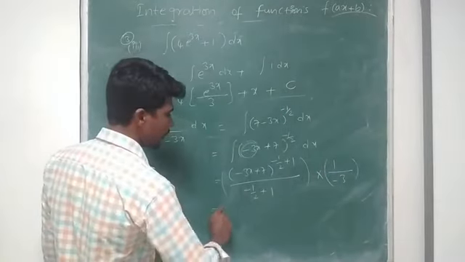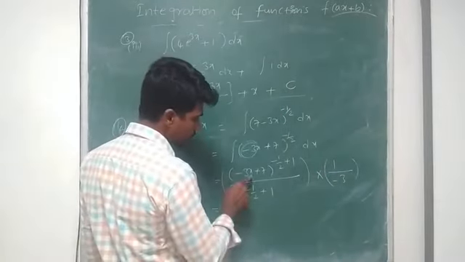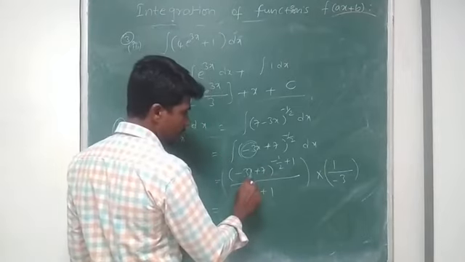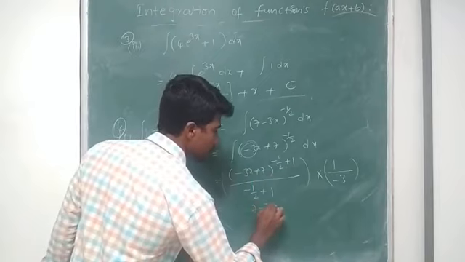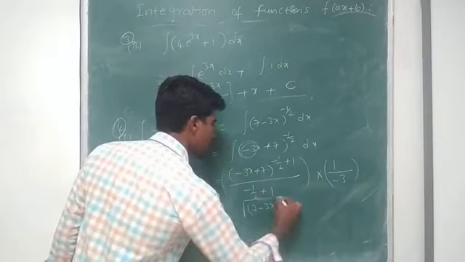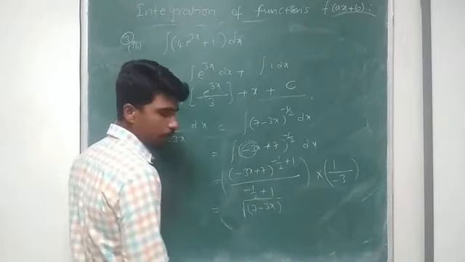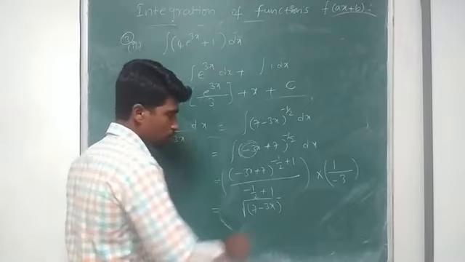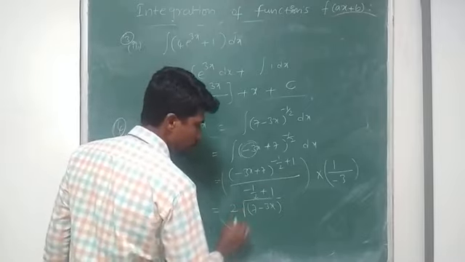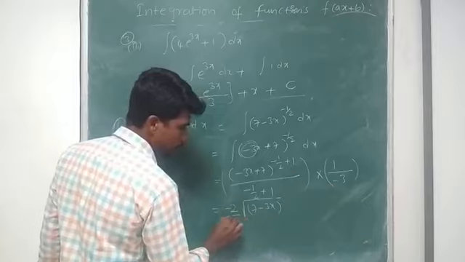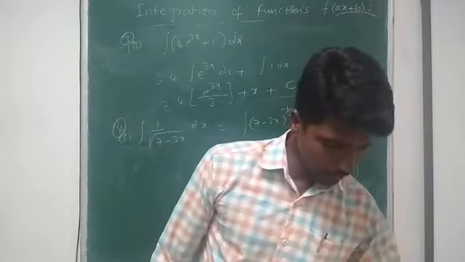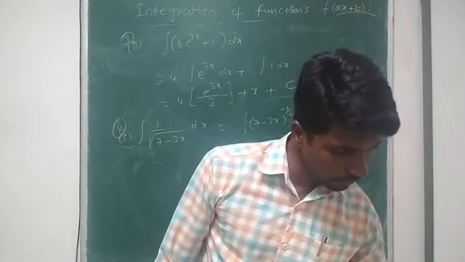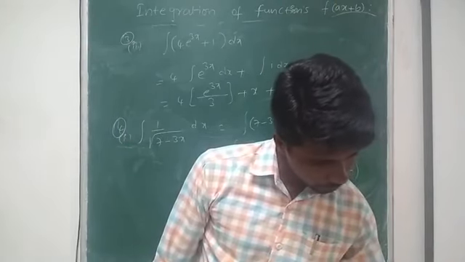Simplify it, we get the answer: minus 3x plus 7 whole power 1 by 2, which is 7 minus 3x under root, divided by 1 by 2, so we get 2. So 2 by minus 3. I get minus 2 by 3 into root of 7 minus 3x. Right? Okay.